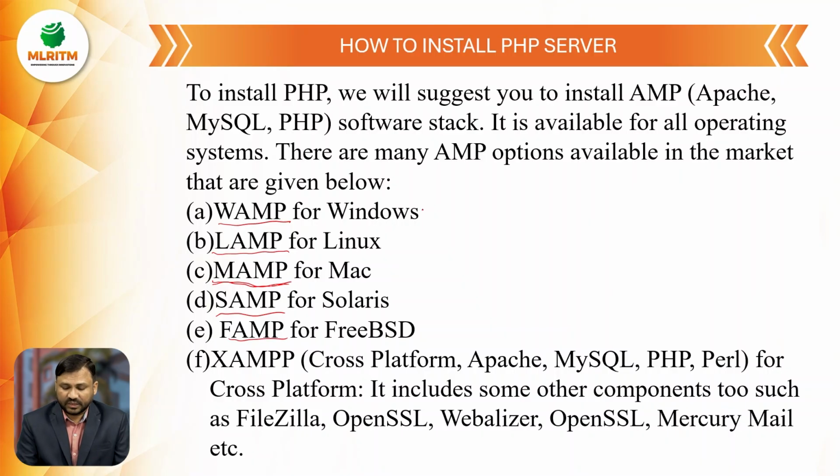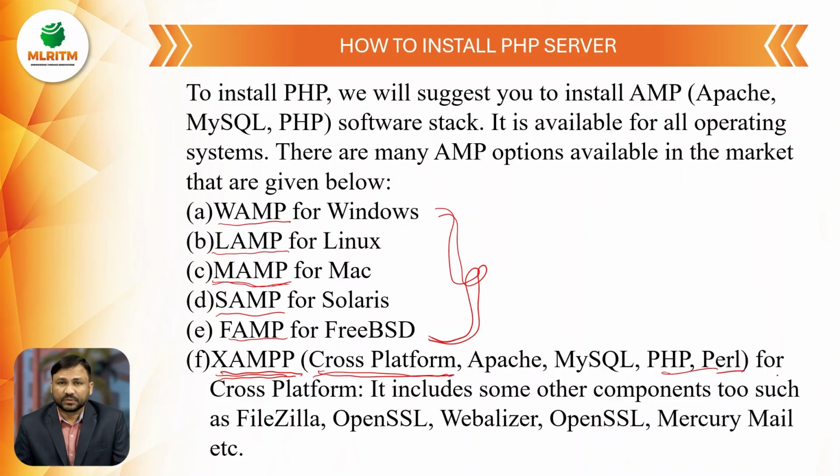In addition to this, nowadays we are going to use the XAMPP server, which is most widely used. Instead of installing all these, we are going to have the XAMPP server. XAMPP stands for cross platform Apache, MySQL, PHP, Perl.